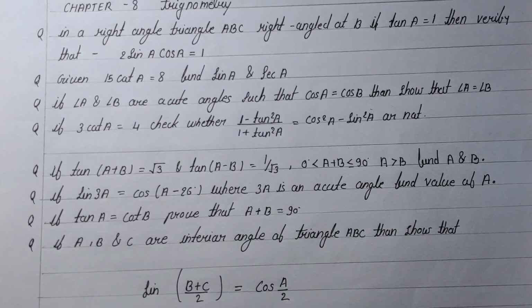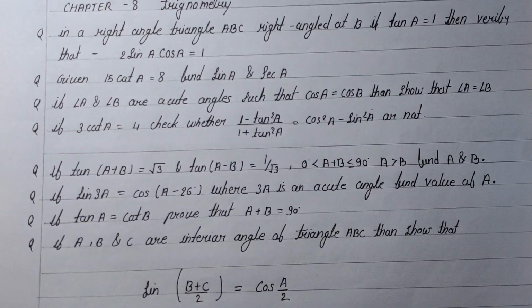Next, if tan (A plus B) is equal to root 3 and tan (A minus B) is equal to 1 by root 3, where A plus B is greater than 0 and less than or equal to 90, find A and B. Next, if sin 3A is equal to cos (A minus 26), where 3A is an acute angle, find the value of A. Next, if tan A is equal to cot B, prove that A plus B is equal to 90.